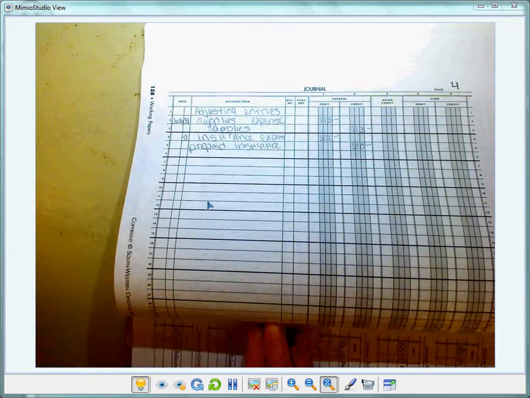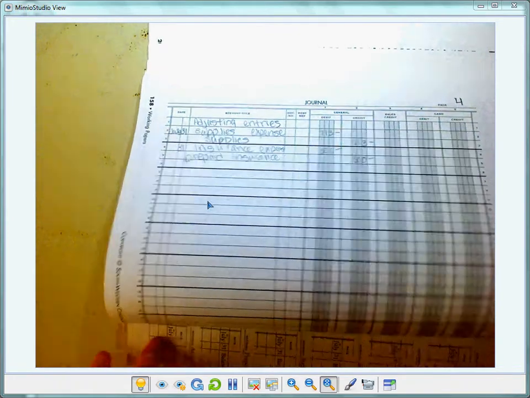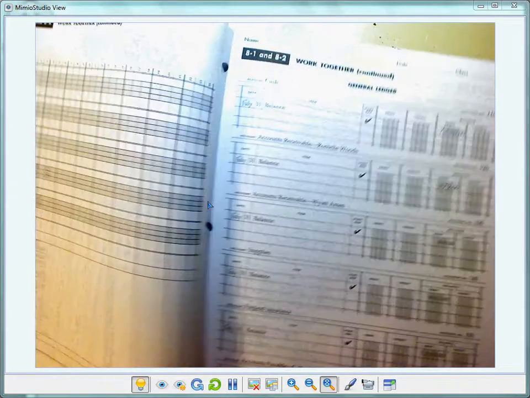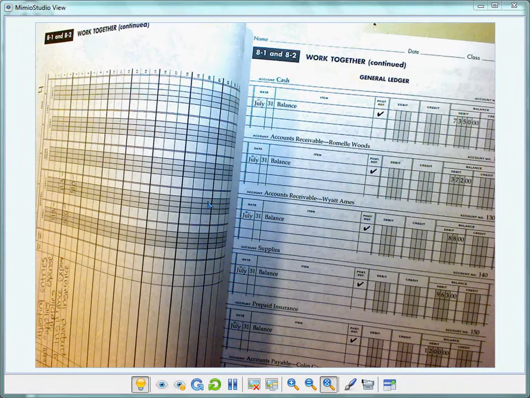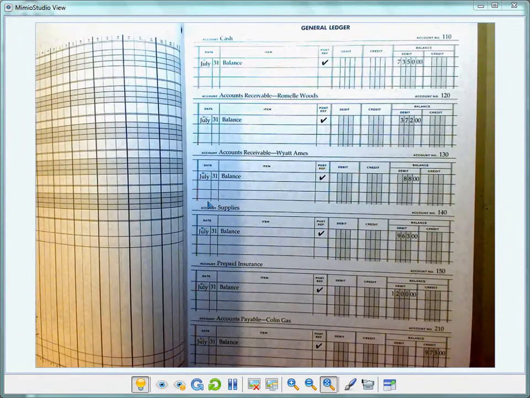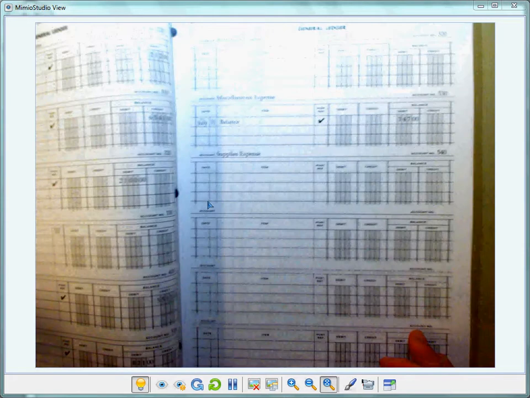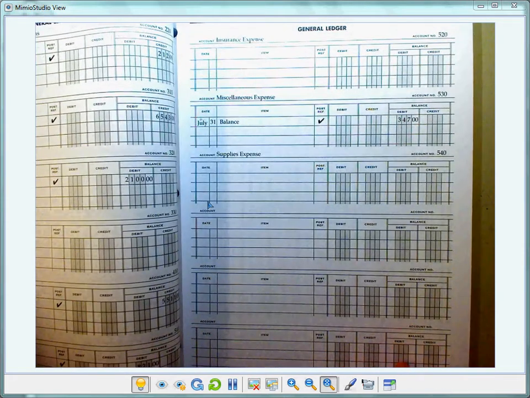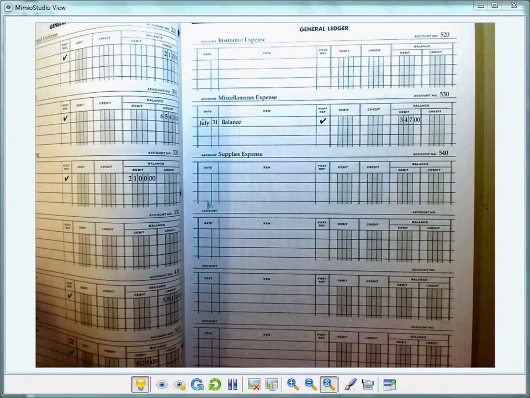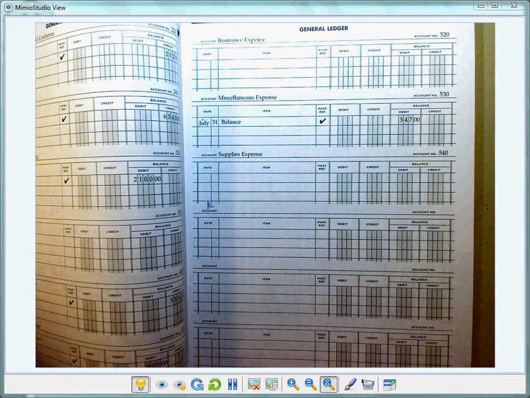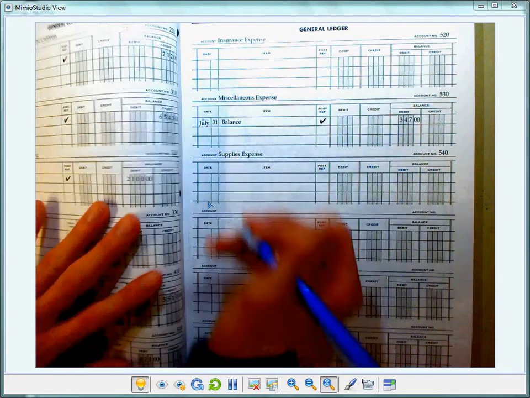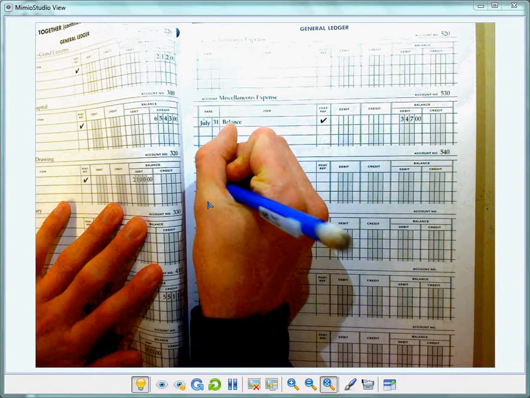Okay, now the last thing we have to do is post these. So we'll start out with our supplies expense. On the following page is what page is supplies expense on? Okay, so turn to 161. Our date is July 31st, sorry.